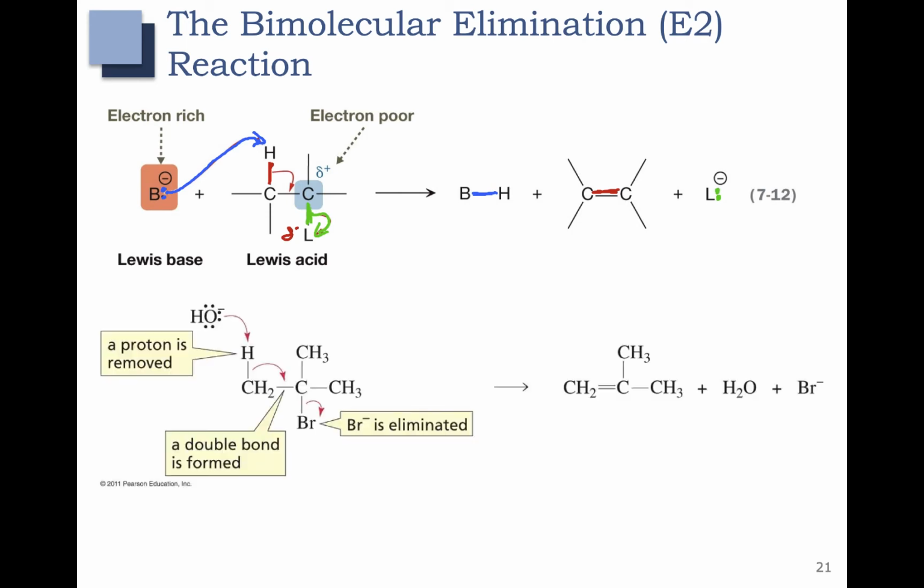Let's look at a specific example of an E2 reaction. In this case, our Lewis base is hydroxide. Let's follow the electrons. The lone pair on the hydroxide comes down to form an oxygen-hydrogen bond. It's not shown over here, so I'll draw out that bond.